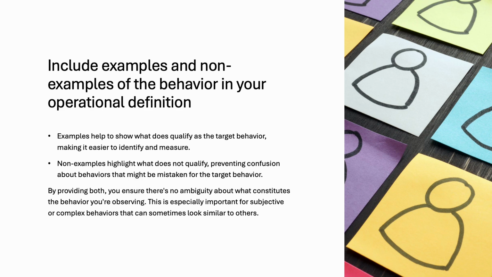I should track that according to my definition as an instance of aggression, and I should also be implementing my intervention. But that's not correct, right? That's counterproductive to what we are trying to achieve with the intervention in this context. And so you as a behavior analyst have a responsibility to be as clear as possible with your definition.